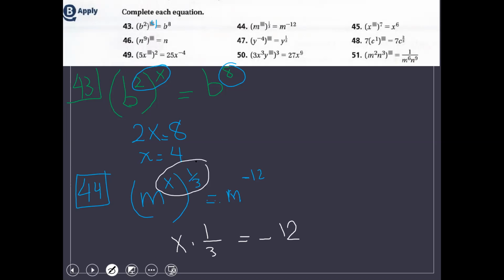Just deal now with the exponents. x times 1 over 3 equal negative 12.